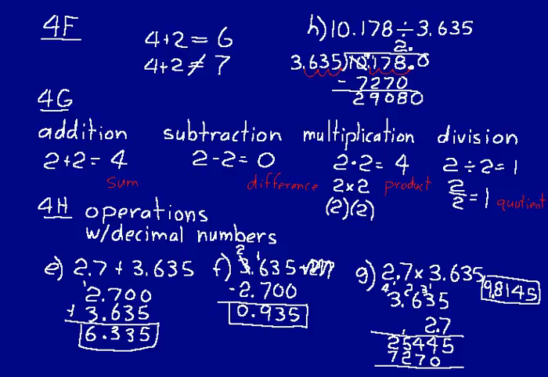It's exactly that. So we'll put an 8 to the right of the decimal place in our quotient, and then 29080 here. Do that subtraction, we get 0. And so our answer is 2.8. And since it's a division problem, we can say our quotient is 2.8.